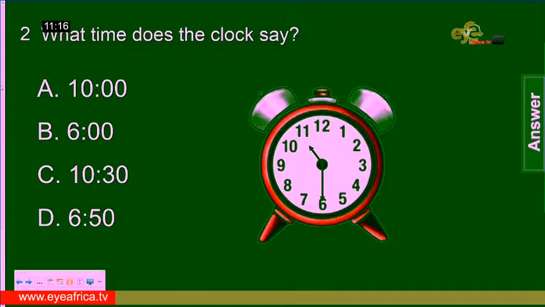A, 10 o'clock, B, 6 o'clock, C, 10:30, which is the same thing as 30 minutes past 10, D, 6:50.